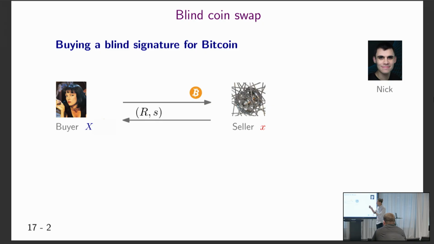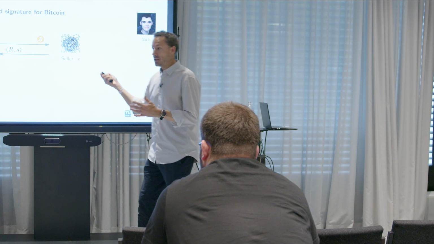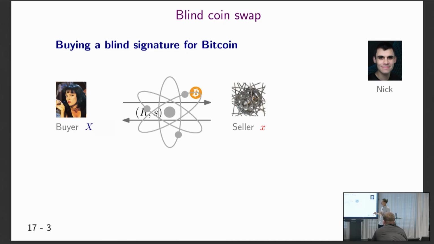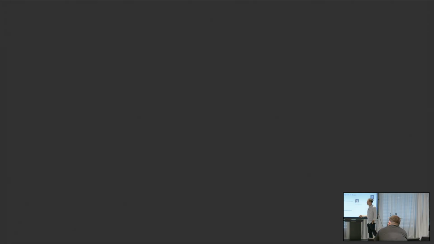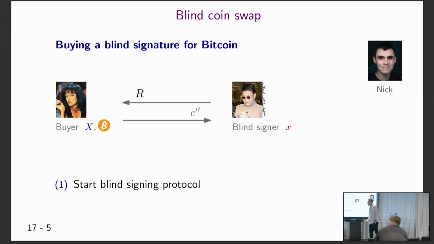So the idea is that we want a protocol so that Alice gets a blind signature RS and the hub gets the Bitcoin in an atomic way, right? Either both of them get what they wanted or no one gets anything. So they start this blind signing protocol. The signer sends over the value R, the buyer sends the blinded challenge, and then the signer doesn't reply, right? Because otherwise the buyer would have the blind signature, but the signer didn't get any Bitcoin yet.